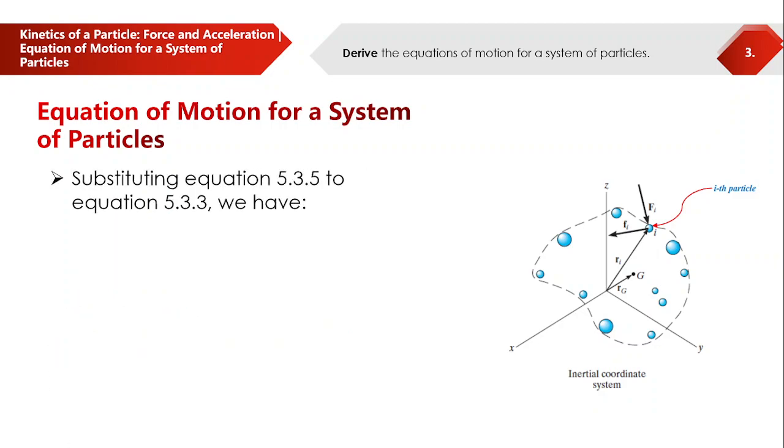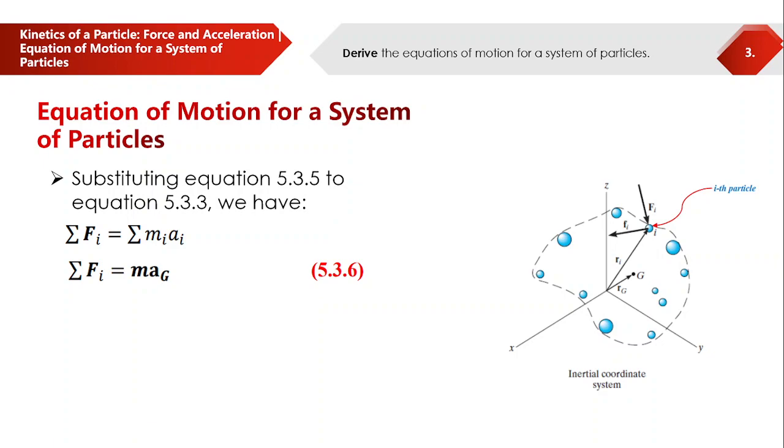So, substituting equation 5.3.5 to equation 5.3.3, we have, ito yung equation 5.3.3, diba, na zero yung internal force, so ito yung first equation, and then f sub I, we did learn na ang equal lang nito is mass times acceleration sub g.